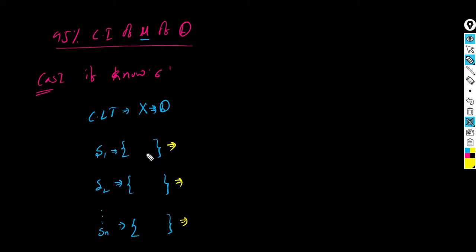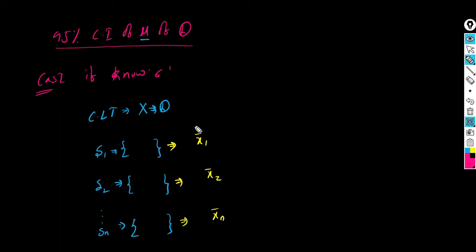We find the mean for each subset. We get the mean x1 bar for the first subset, x2 bar for the second subset, and similarly xn bar for Sn.